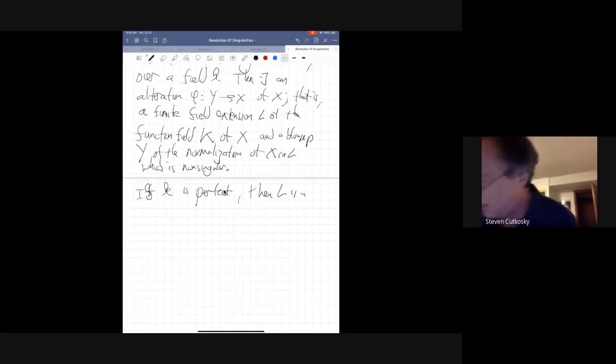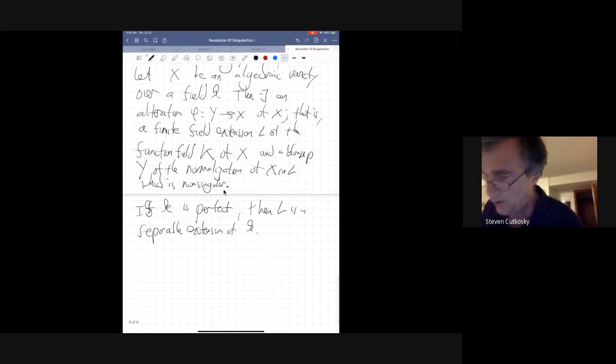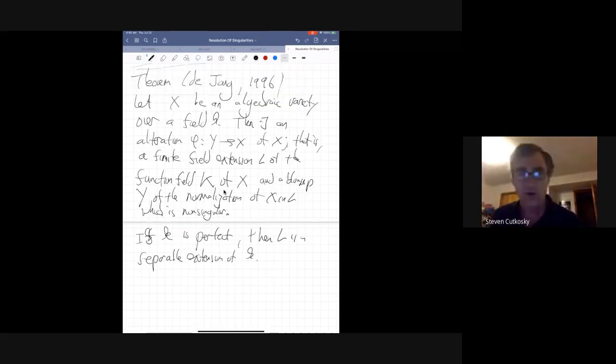Okay, so let me just, a second. Okay, if K is perfect, let me jump back here, then L is a separable extension of K. So this is de Jong's wonderful theorem: we don't know how to resolve singularities, but after taking a finite extension, one can get something which is non-singular. And this allows one to answer many questions in algebraic geometry.